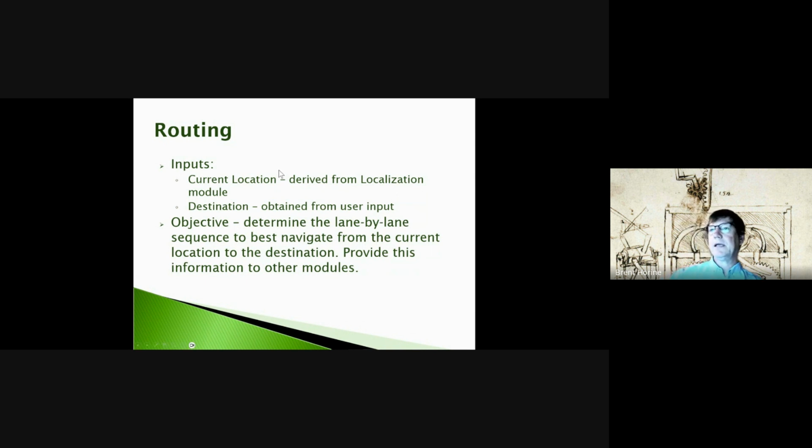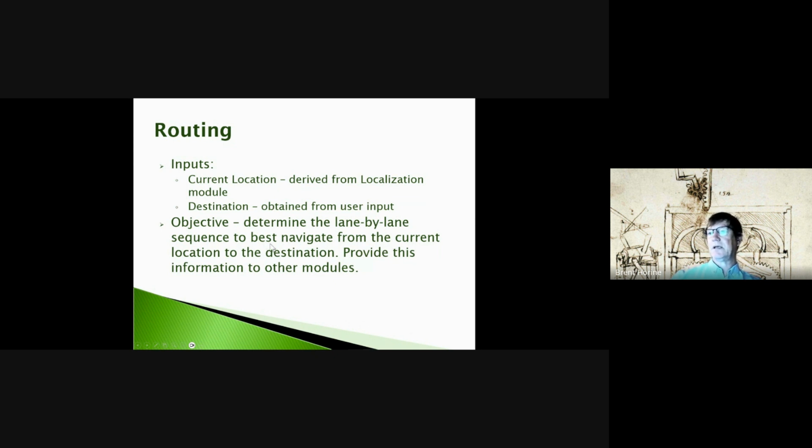So then the objective is to determine the lane-by-lane sequence to best navigate from the current location to the destination, and then provide this information to other modules so they can make it happen. So this is kind of a high-level executive.